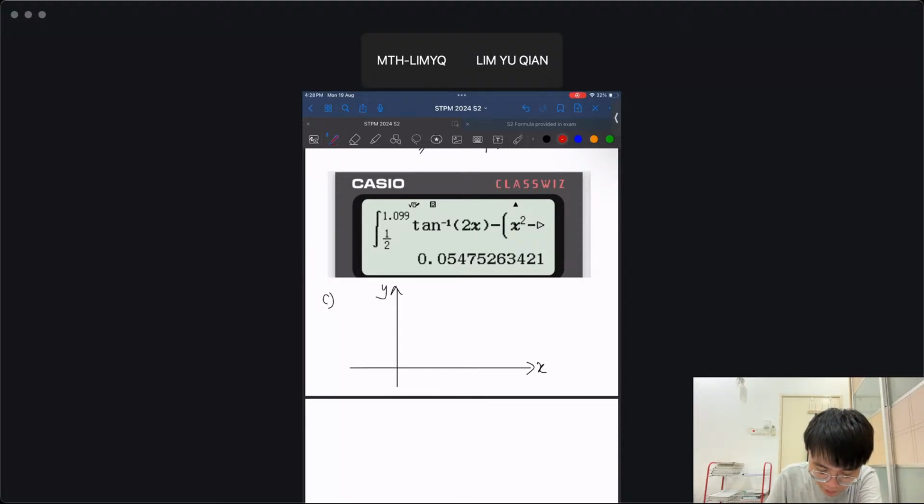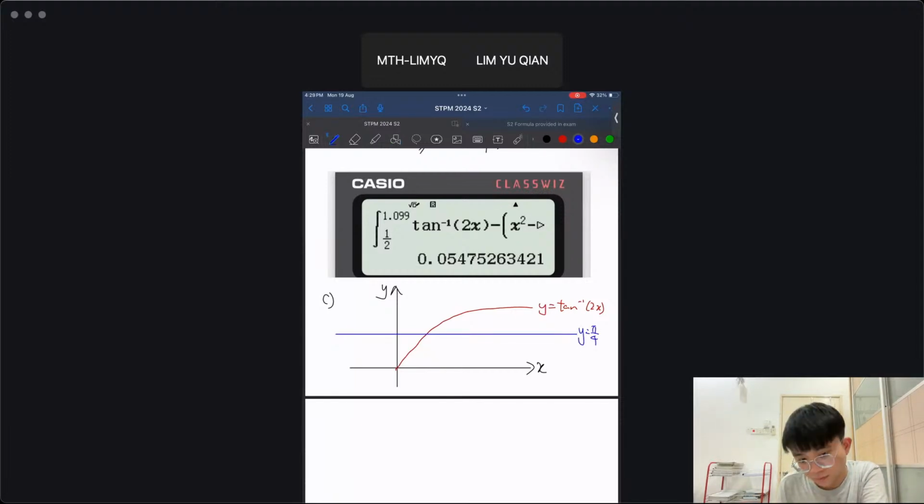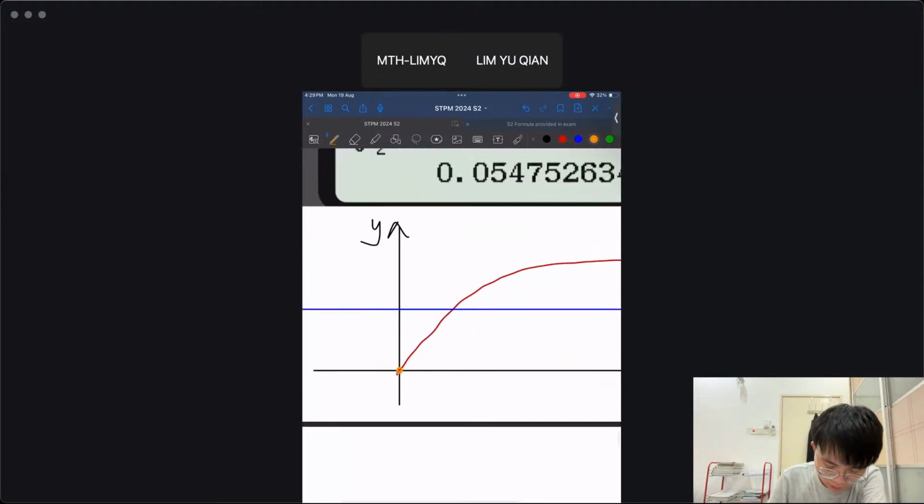What do they say? y equals arctangent of 2x, y equals pi over 4, and the origin. What happened to the origin?